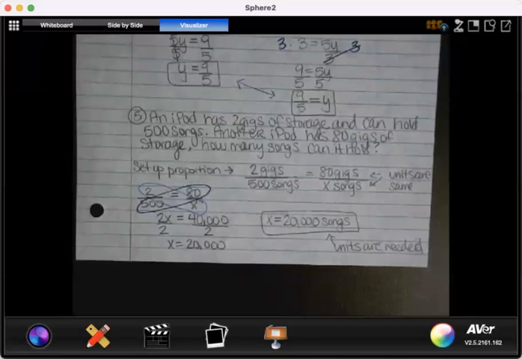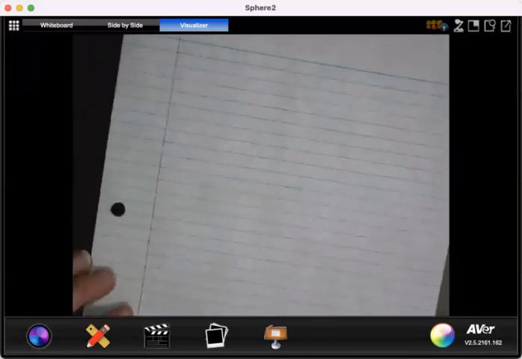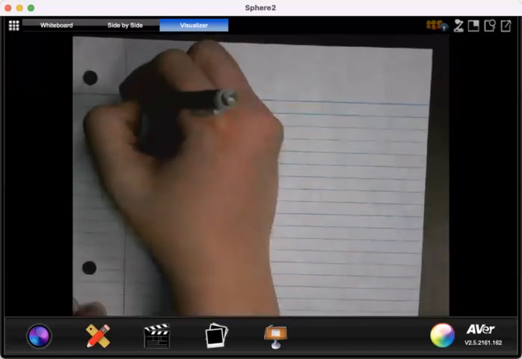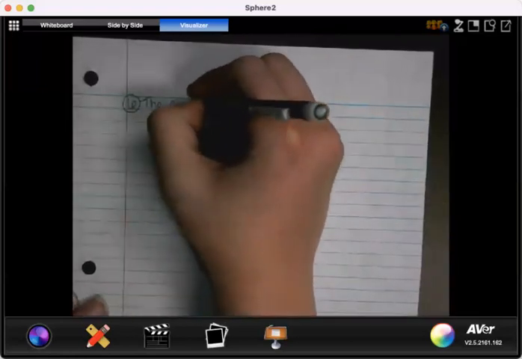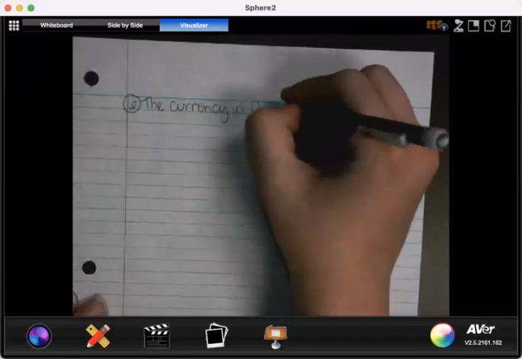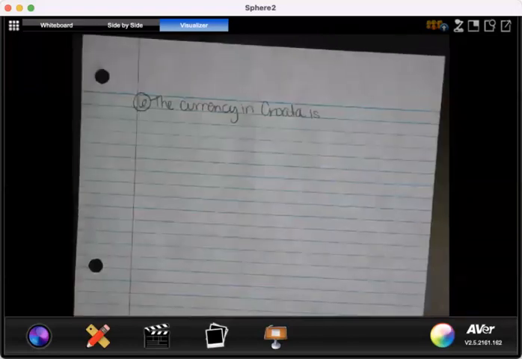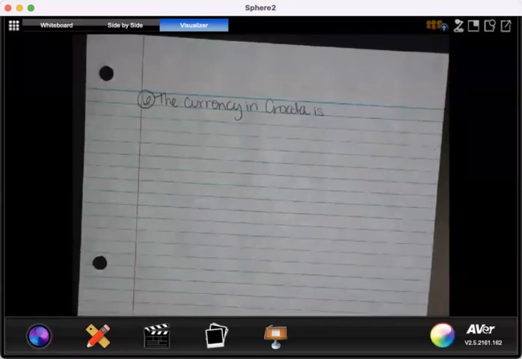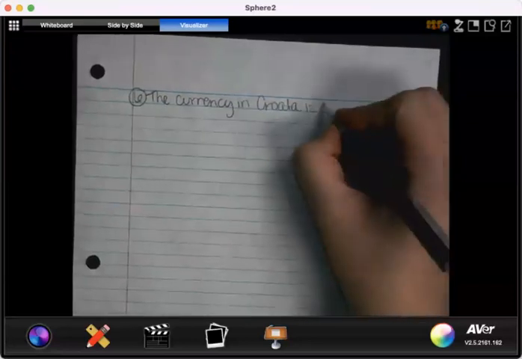I'm going to write down number 6 and let's see how you do with that one. The currency in Croatia is the kuna.